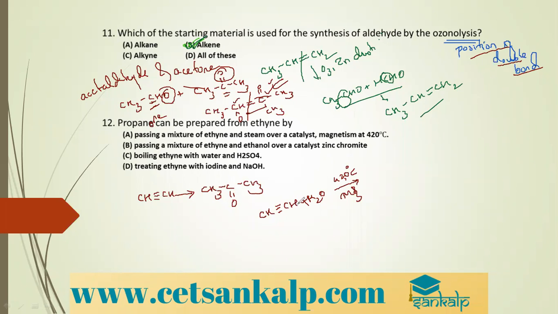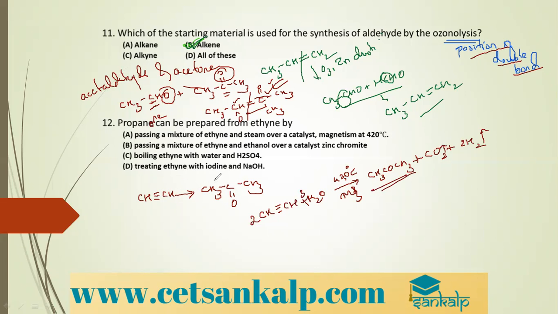When you subject it to hydrolysis, we are going to take here two molecules of ethine and three molecules of water. What do I get is CH3COCH3 plus carbon dioxide and hydrogen. This is the method of preparation of propanone from ethine.